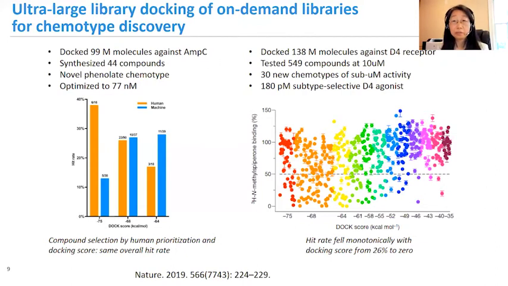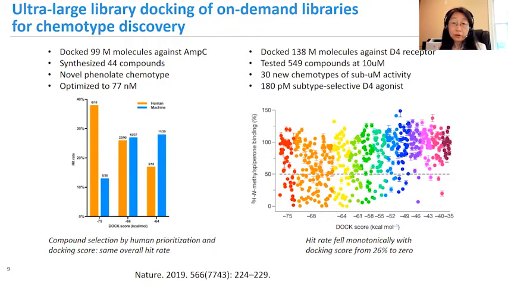In the D4 receptor example, they tested a little over 500 compounds and found 30 new chemotypes, all of submicromolar activity. And the top compound showed picomolar D4 agonist activity that is subtype selective.